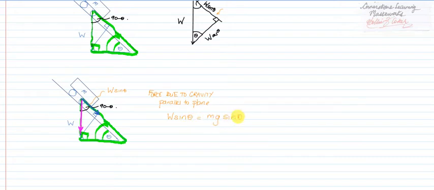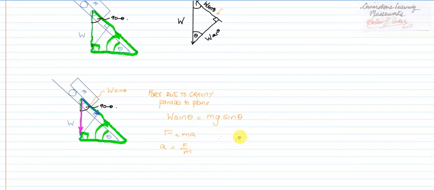Now, it is our objective to find g. Now if F is equal to m times a, the acceleration is always equal to F on m.